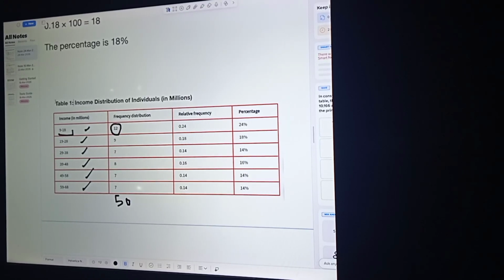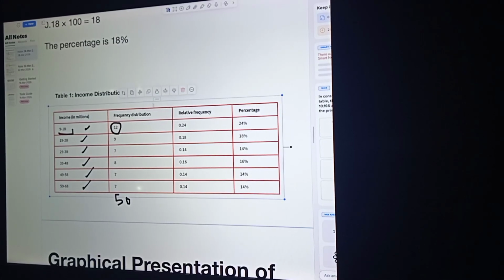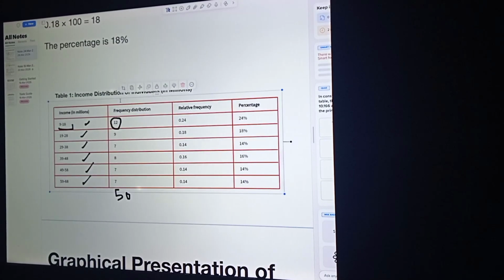You can label it Table 1, and this Table 1 is about income distribution of individuals in millions. You can also say income distribution of individuals in millions with relative frequency and percentages, or relative frequency and percentage distribution.